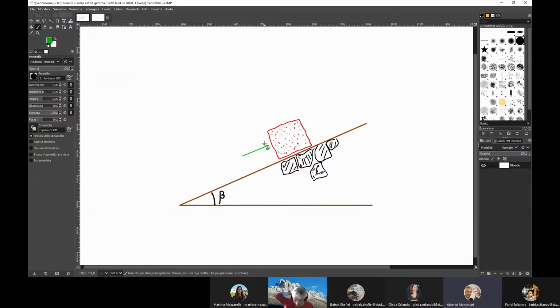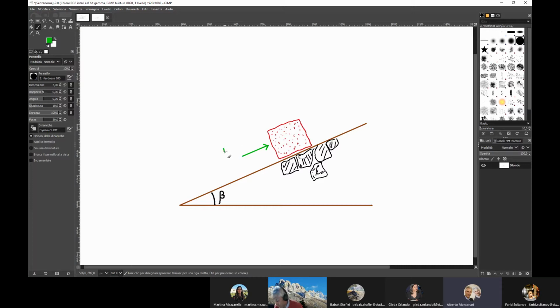Okay. And let's consider only the run-up now. This is the run-up originated by waves. Let me make it thicker because I want to make it very visible. Okay. Good. What is the value of this force?